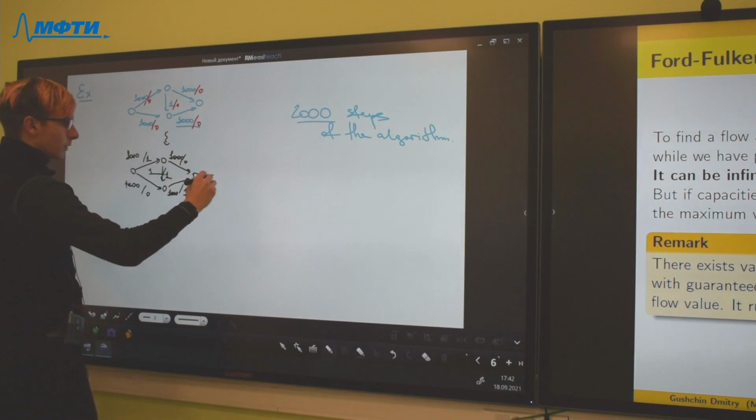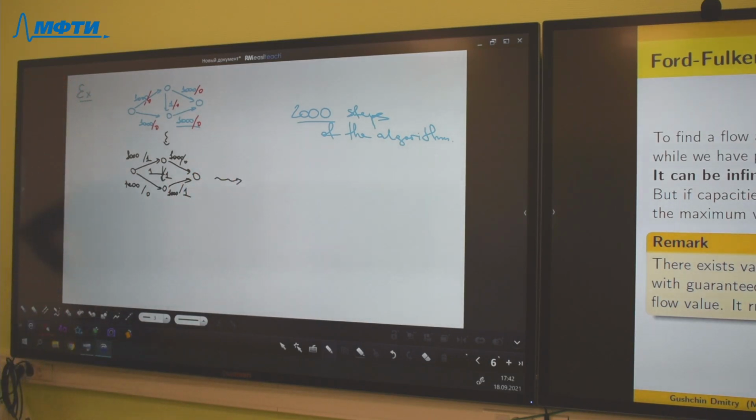Then we increase the flow through this edge, and decrease the flow through this edge.